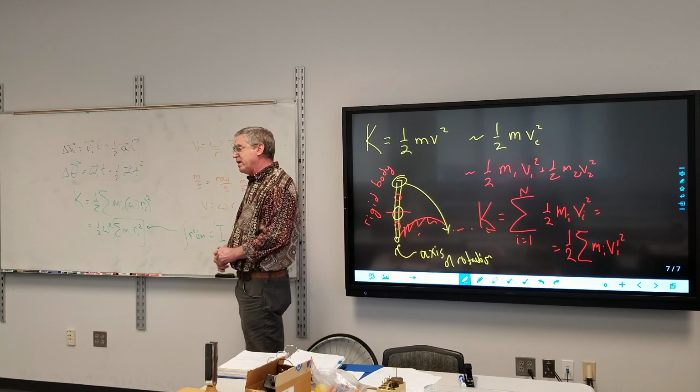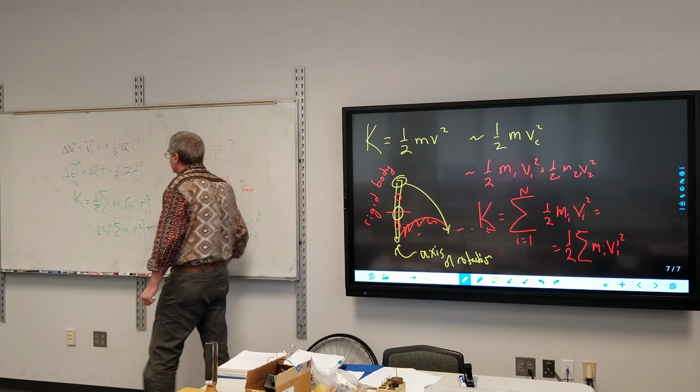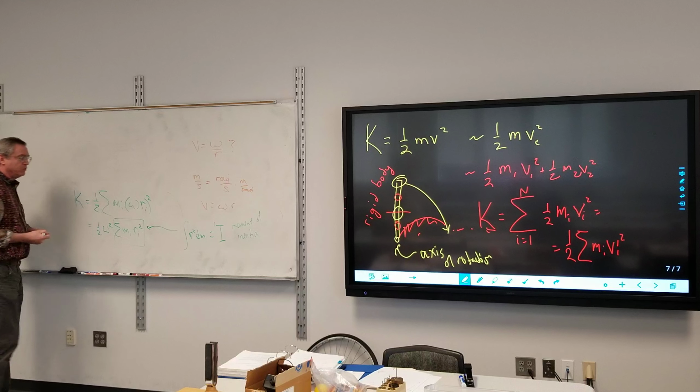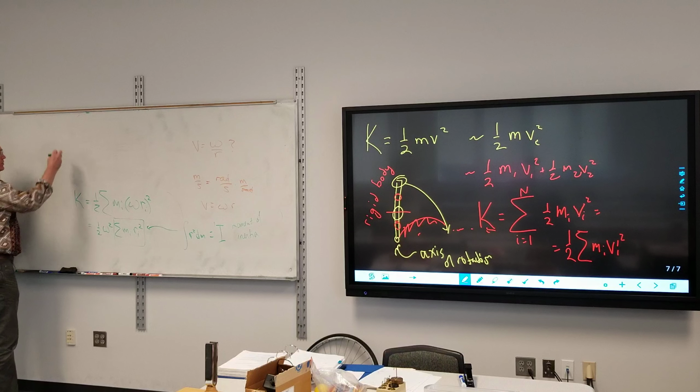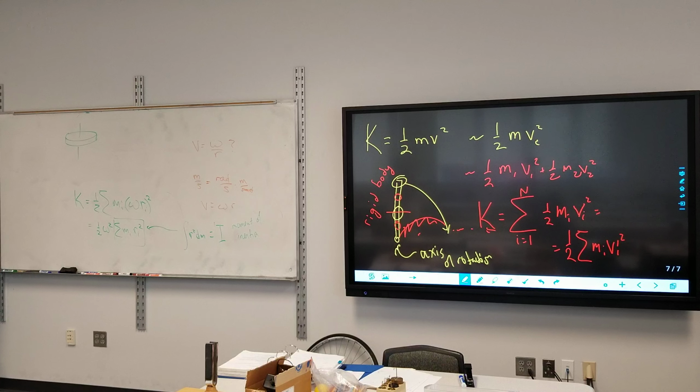But this has actually been calculated already for a great number of shapes. So for example, let's just do that for a disk or a cylinder, however you want to do it, rotating about its center.